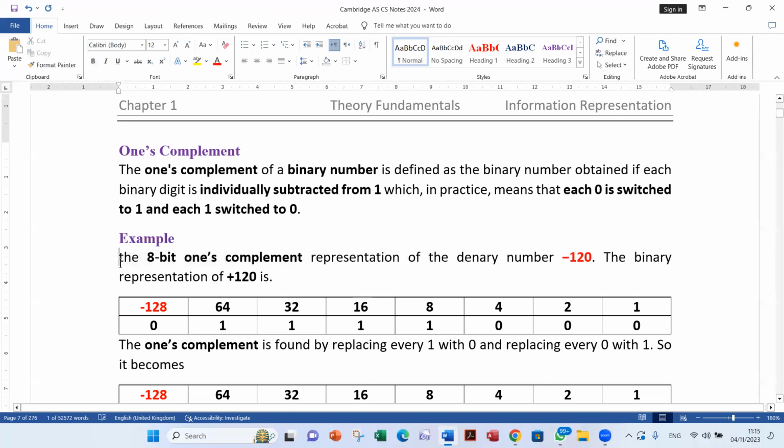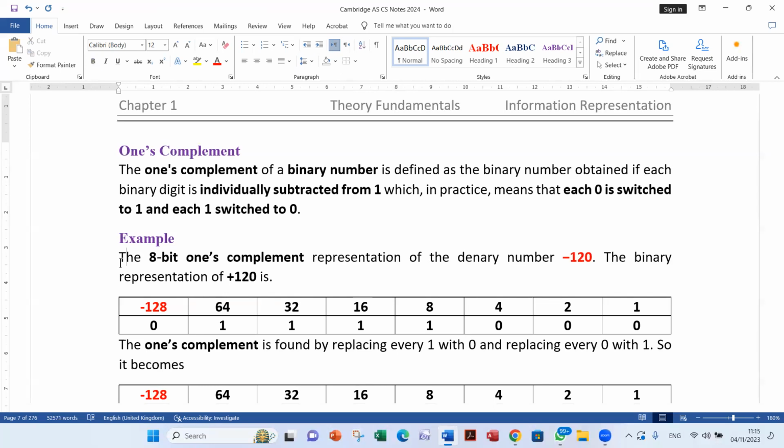You also need to specify how many bits. The 8-bit 1's complement representation of the number negative 120.